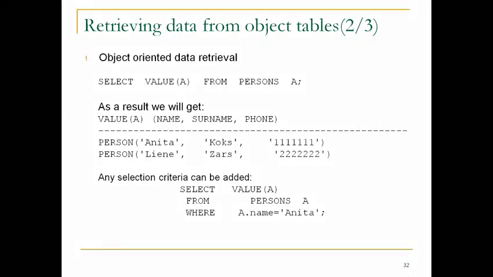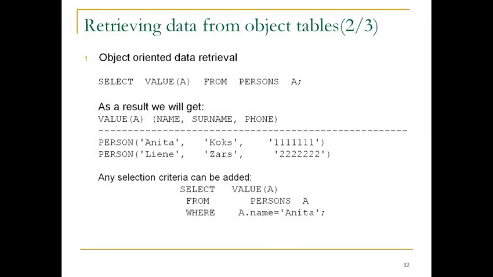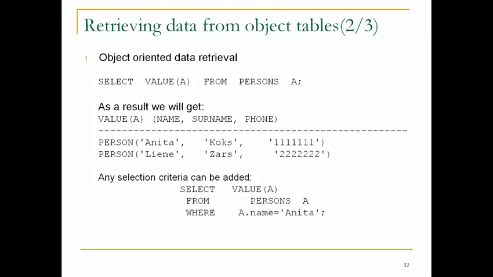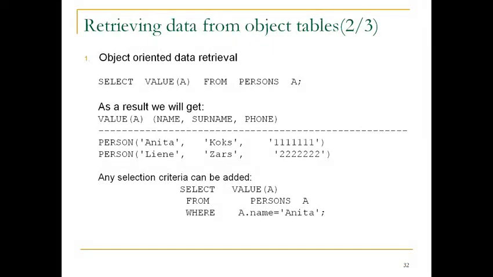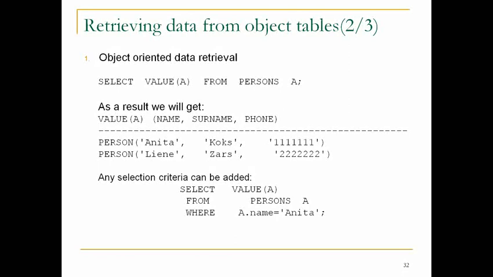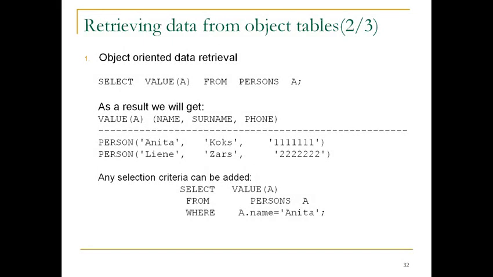How does it look like? If we use this value, in the from part we write persons A. We give this alias to the table persons, and we take this value A. The result is the whole object.